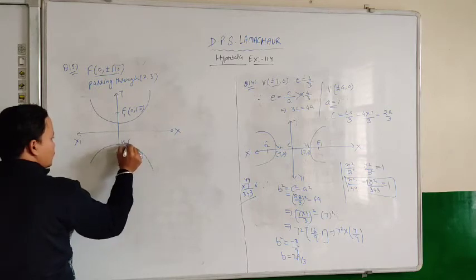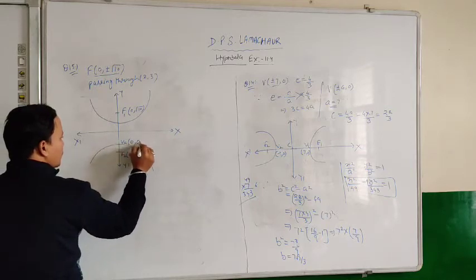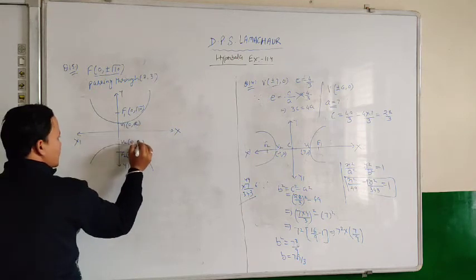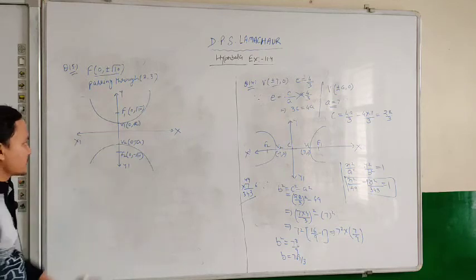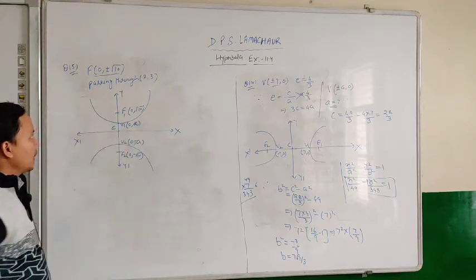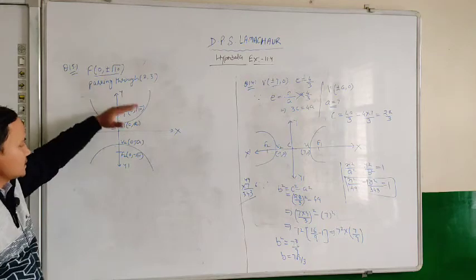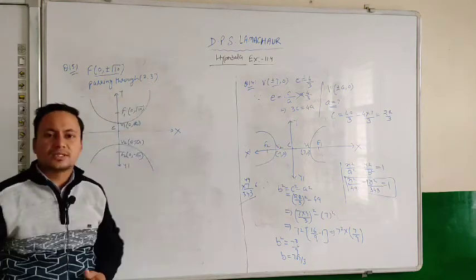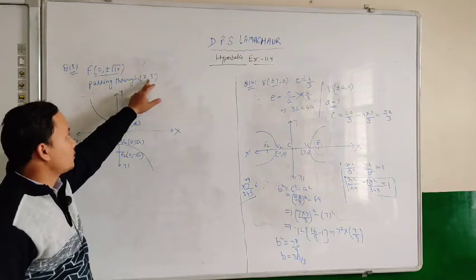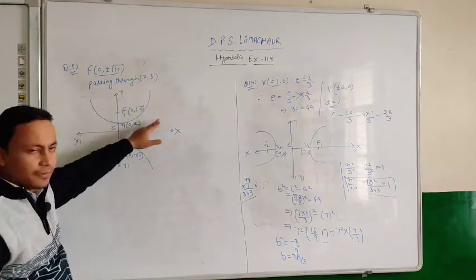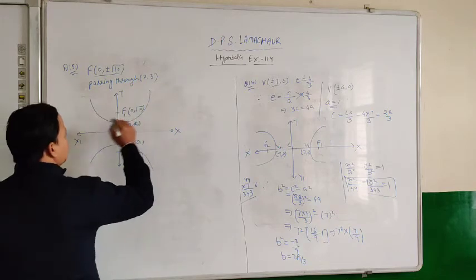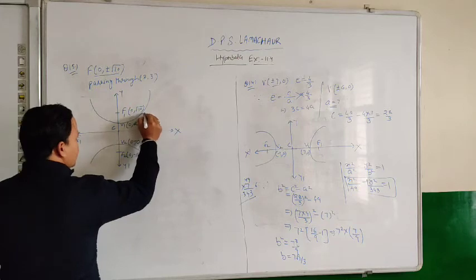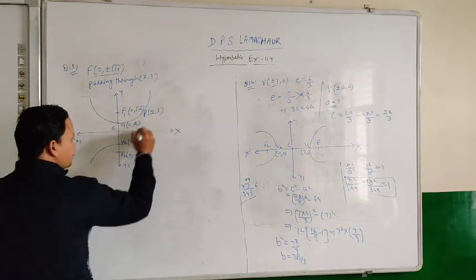Here is the vertex v1 at 0 comma plus a, and this will be 0 comma minus a because this is in the negative direction, and here is the center. Now it is given that this hyperbola is passing through the point 2 comma 3. Since both the x and y coordinates of this point are positive, it will lie in the first quadrant. So let the point be here, x coordinate 2, y coordinate 3, the point P 2 comma 3.